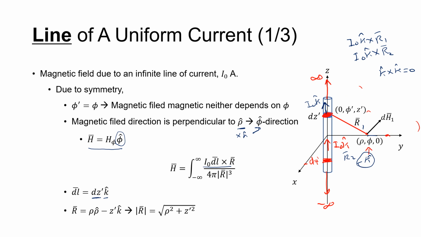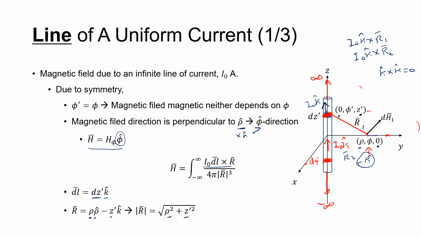So I have here rho minus 0, which brings rho in the direction of rho. Then we have phi minus phi dash, we said they are equal, so it's 0. Then we have 0 minus z dash, which brings z dash in the direction of k.